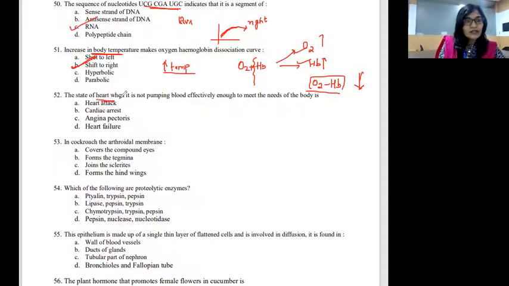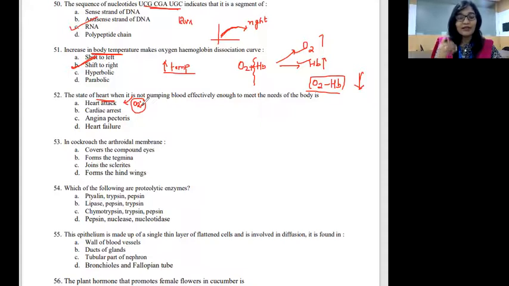Suppose the state of the heart when it is not pumping blood enough to meet the needs of the body. What is a heart attack? That is called myocardial infarction. Suppose any part of the heart is not getting a sufficient amount of blood, which carries oxygen. If any part of the heart is not getting it, people get a heart attack.